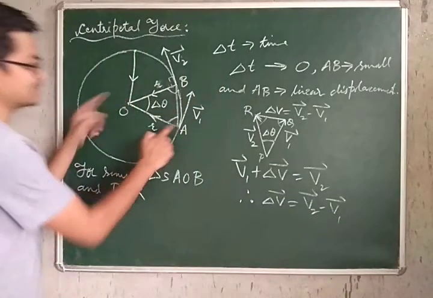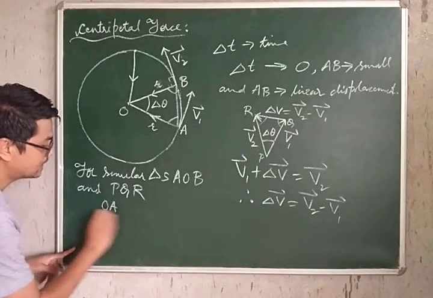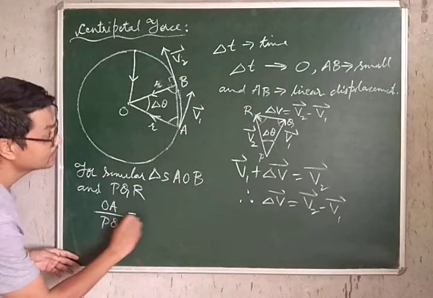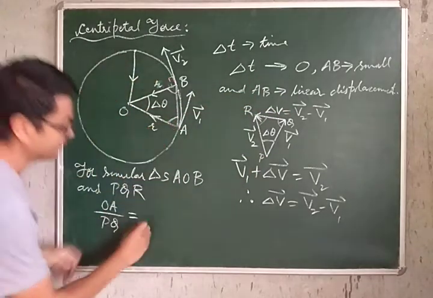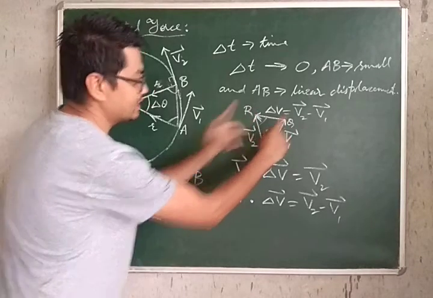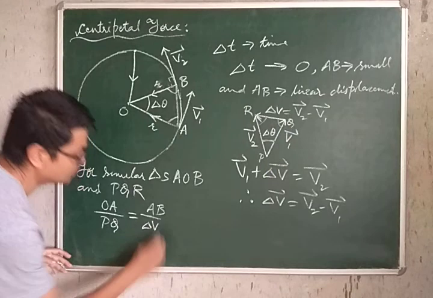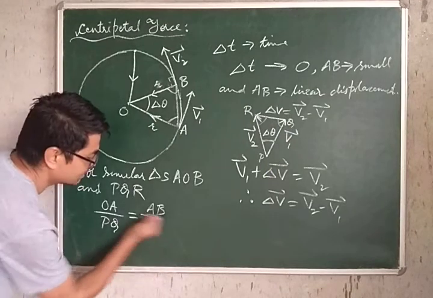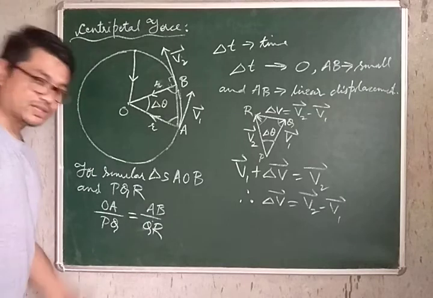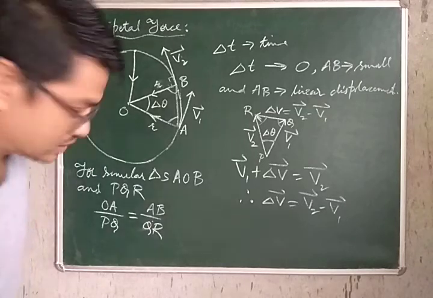So let us take this side OA divided by this side PQ is equal to this side AB divided by the corresponding side, which is delta V, or rather let me write QR for now. So we have this property of similar triangles.